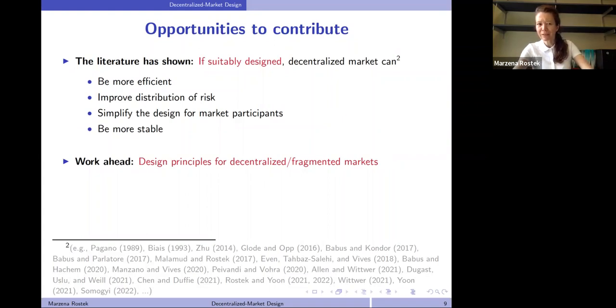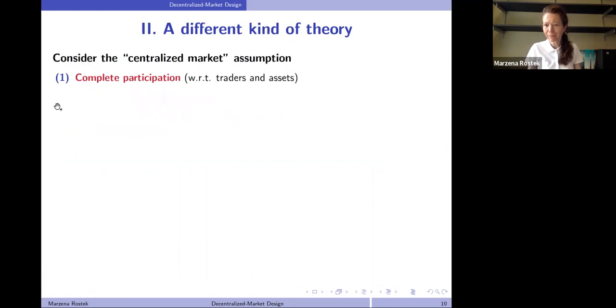let's try to consider what exactly the centralized market assumption entails. Okay, so let's try to think for a moment. What do we assume when we take an off-the-shelf model of centralized trading? Well, the essence of centralized trading in the standard model is not centralized or decentralized implementation in the mechanism design sense, but rather that a single market clearing applies to all traders and all assets.